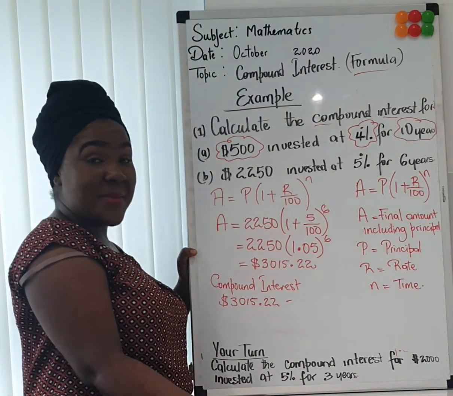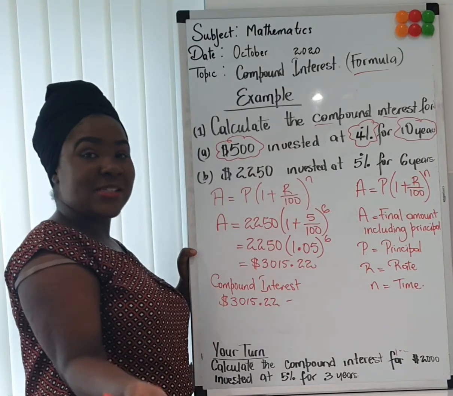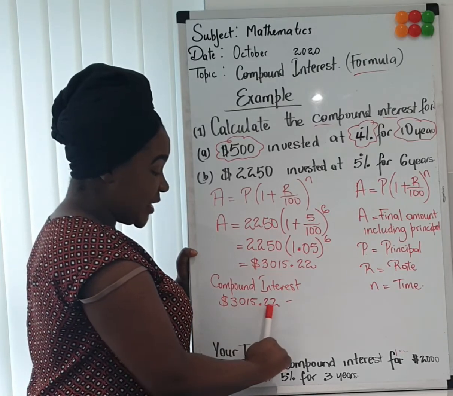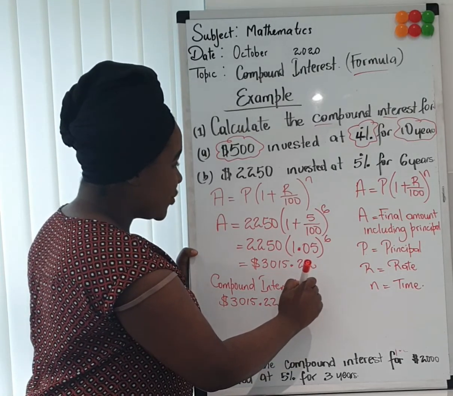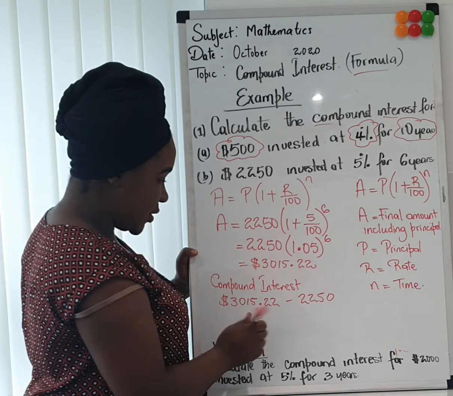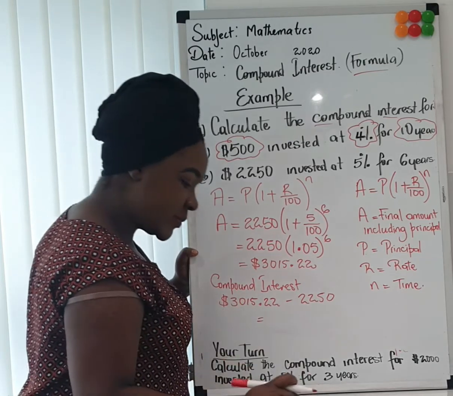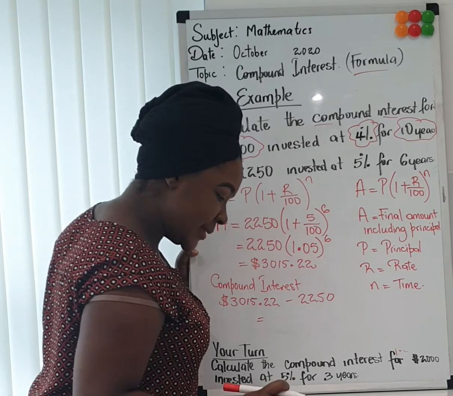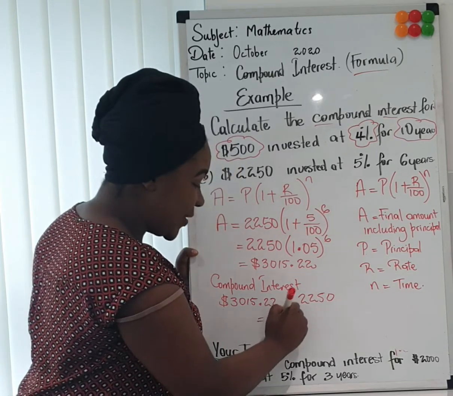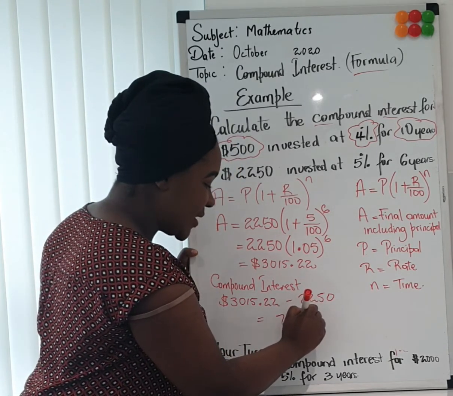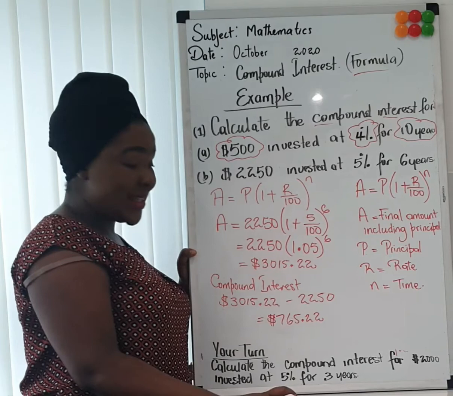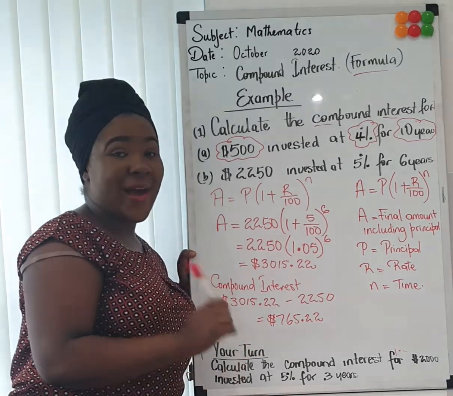You want to figure out how much you gained or lost, and you just do a subtraction. So it's 3,015.22 minus 2,250. Let me quickly do that on the calculator. That leaves us with $765.22. That's what we have at the end of the 6th year as our interest.